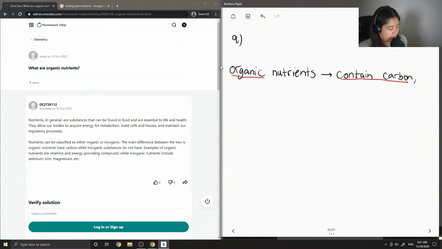And for nutrients, these are essential to our health and our bodies need them to function pretty much.